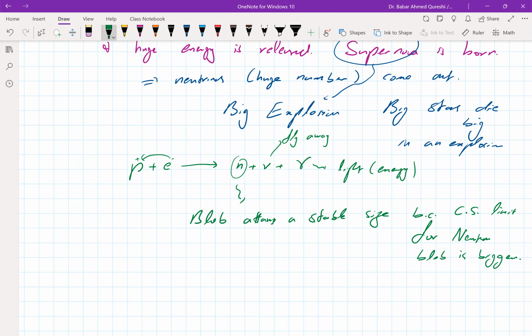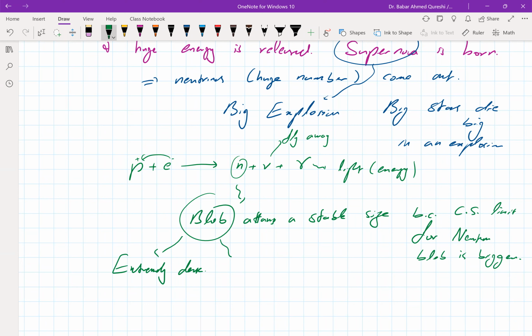Degeneracy pressure becomes very high if you have a very dense object. So this object is extremely dense. 100 billion tons in a quarter of a teaspoon. That's how dense it is.